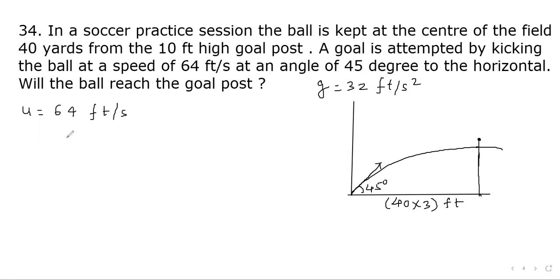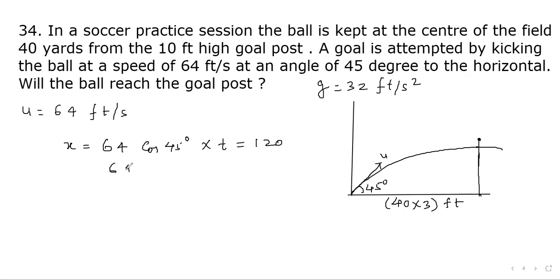So we apply the formula x equals ut plus half at squared. Here, the x component of velocity will be u cos 45 degrees. So u is 64 into cos 45 into time equals 120.